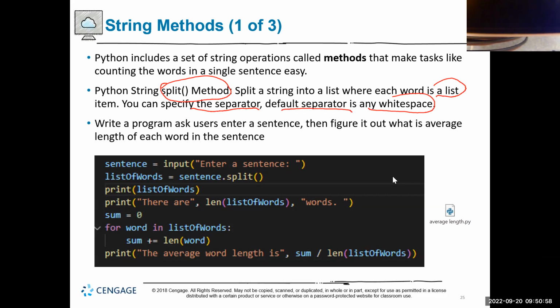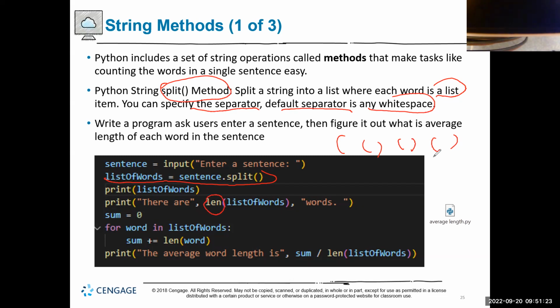So think about we have the program here, where the input is to enter a sentence. Now the method, after this step, will break it down into separate words inside the sentence, and you put them in the list, so we can use the len function to know how many words you have in the list.